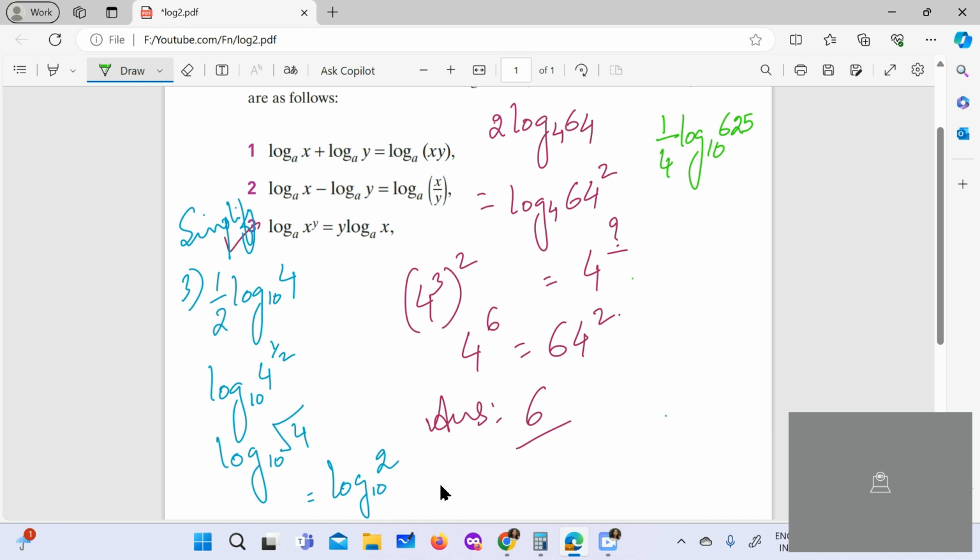Following this rule, I will write this as log base 10 of 625 to the power of 1 upon 4. Correct? So we can write this as log base 10 of the fourth root of 625. So what is the fourth root of 625? Any idea?